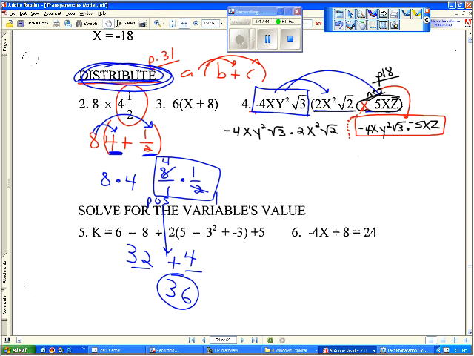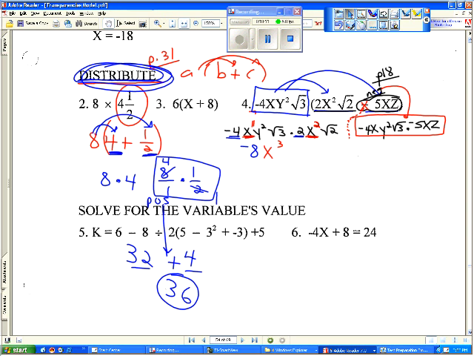So when you multiply the numbers, 4 times 2 is 8. When you multiply with different signs, the answer is negative, so negative 8. And then you multiply the names. We do x's with x's. When you multiply with like bases, you add the exponents. So x to the first times x to the second is x to the third.